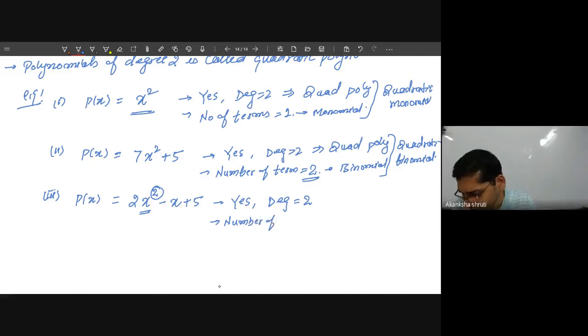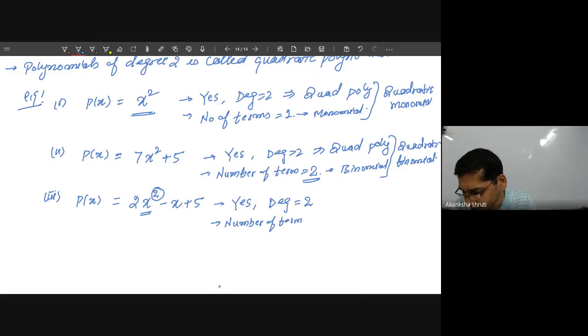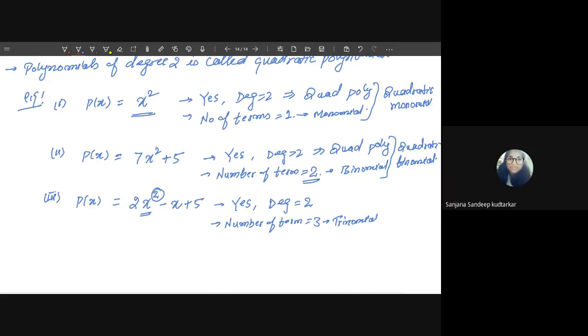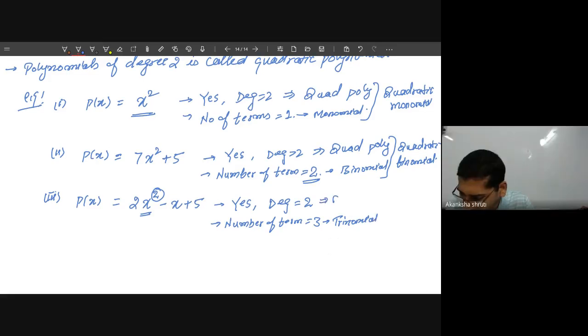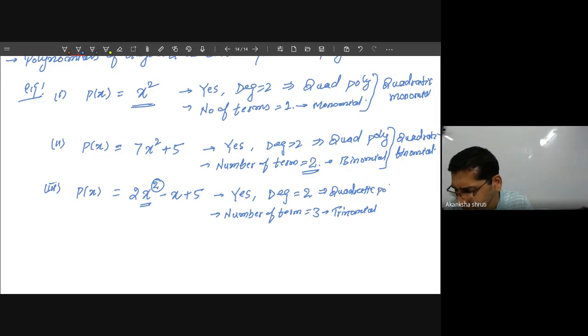Very good. Wherever there are 3 terms, it is called a trinomial. So combining these two, we can write this as a quadratic trinomial. This we will also write.